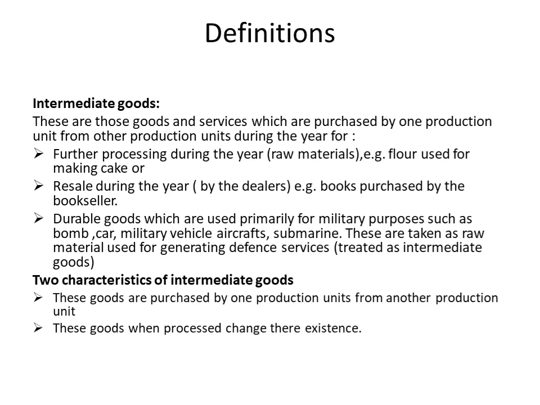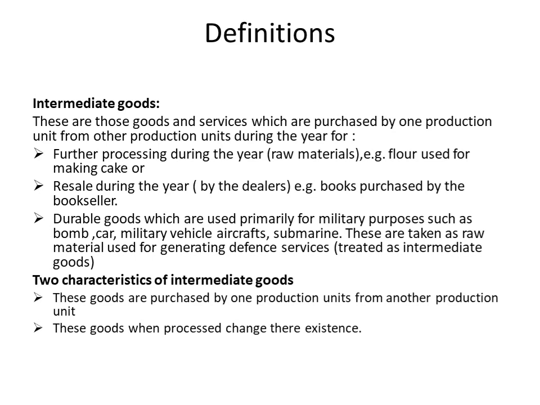It is very important: goods which are used primarily for military purposes, that is, the government purchasing bombs, cars, military vehicles, aircraft, because these goods generate defense services. So, they are also treated as intermediate goods. This is an exception. Keep in mind that aircraft, military vehicles and submarines are all intermediate goods and they perform the defense services.